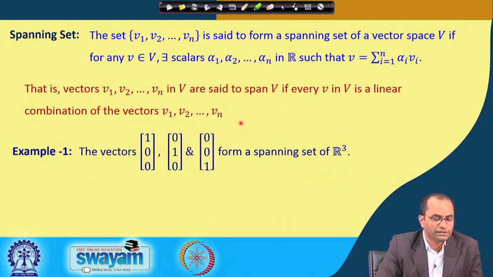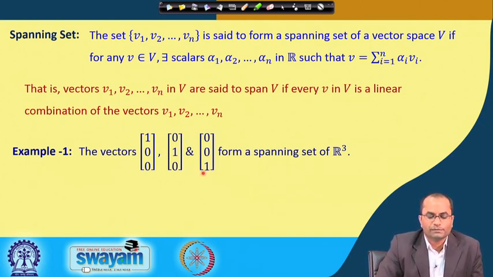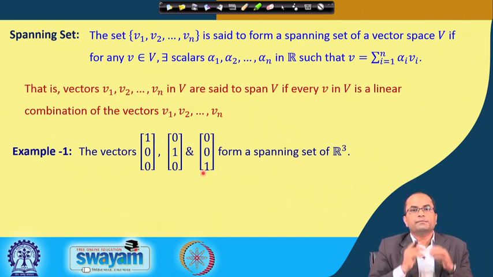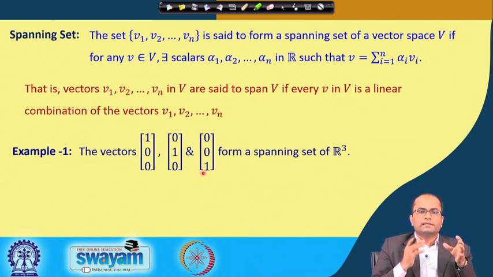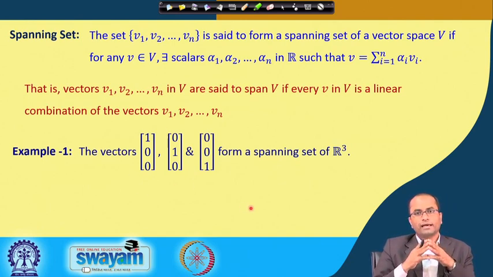So, the example here we are considering the vectors 1 0 0, 0 1 0 and 0 0 1. These form a spanning set of R3, meaning what we have to show is that if we take any element of this R3, then we must be able to write it as a linear combination of these three vectors, and that is what we mean by the spanning set.